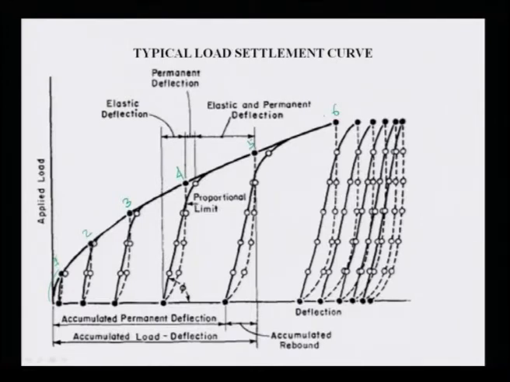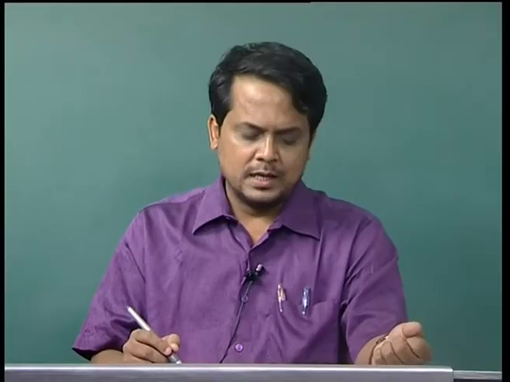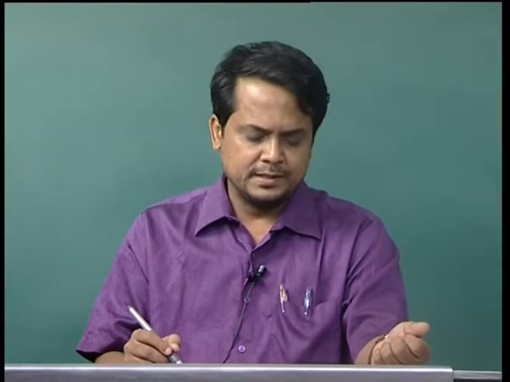So, next step, before applying the second increment, the entire load has been unloaded, released. This is the part of release. Once it has been released, the displacement is recorded by means of the dial gauge.